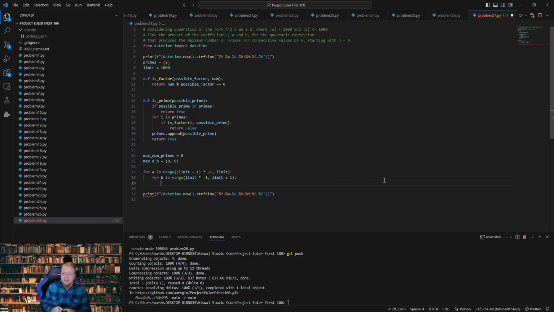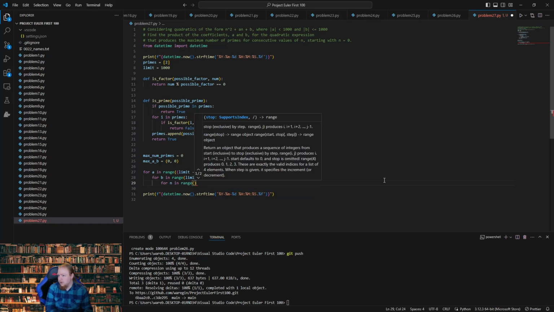So, it's going to be interesting. And then we want for n in range. I'm guessing that none of these are actually going to be able to be over 1,000.